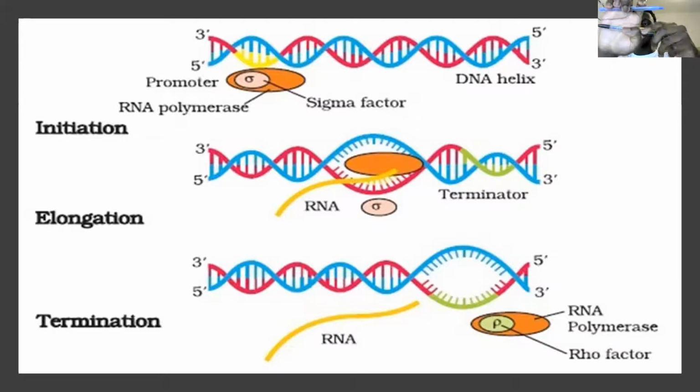It untwists the double helix, right? As it untwists, it also moves, right? So as it's moving, it makes nucleotides, right? Not just nucleotides. It picks this strand, which is the template strand, right? Then it makes the complementary nucleotides, right?